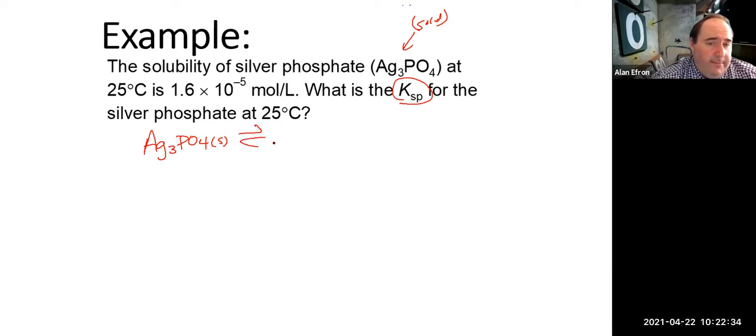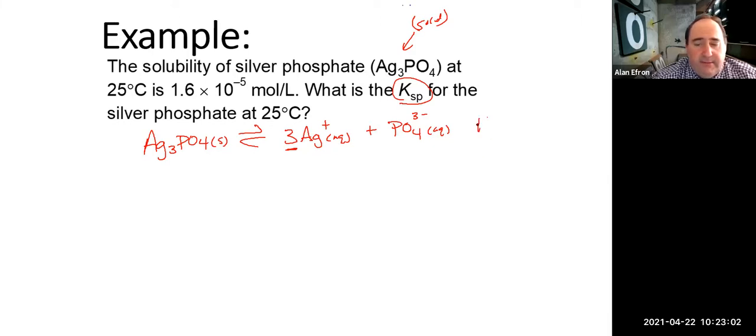Now, when we break it apart, we want to make sure we break it apart appropriately, which means this guy does break apart into 3 silvers and 1 phosphate ion. So again, very important, because we do need to use these coefficients in our Ksp expression, that we write it correctly. Any questions on how that breaks apart?